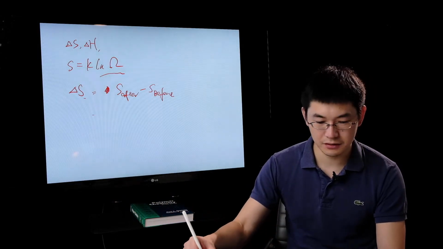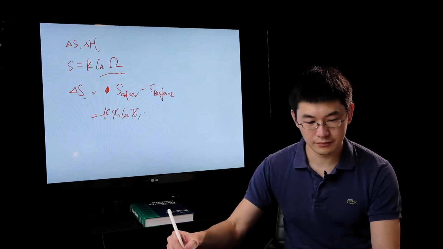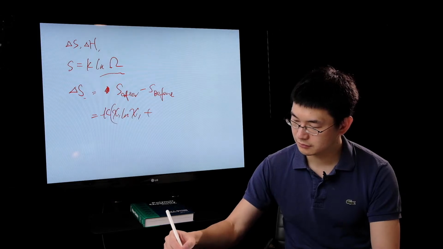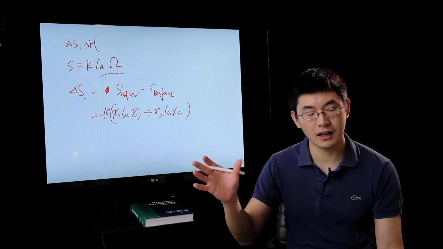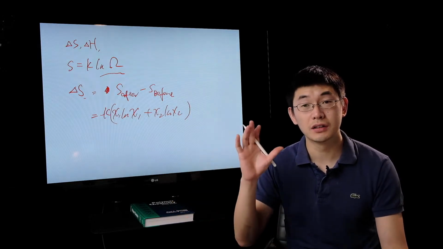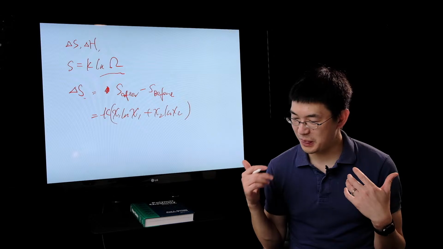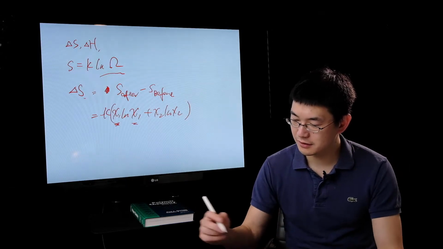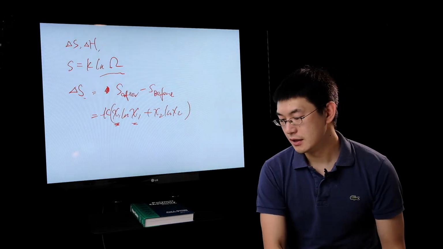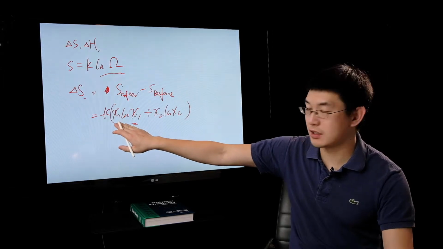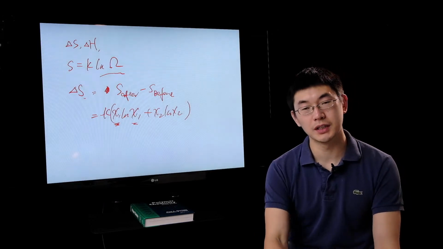This gives us the entropy of mixing in lattice theory, where we have volume fraction or molar fraction, because they're the same if we assume the same molar volume. Then you get x1 log x1 plus x2 log x2 as the entropy contribution.